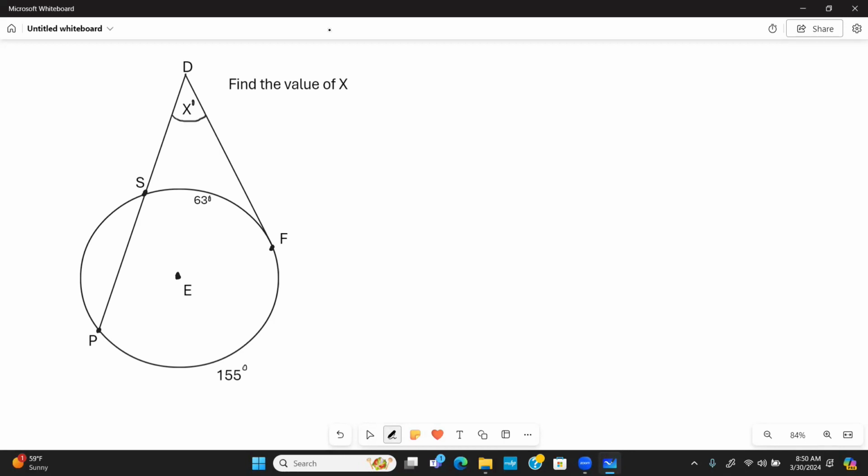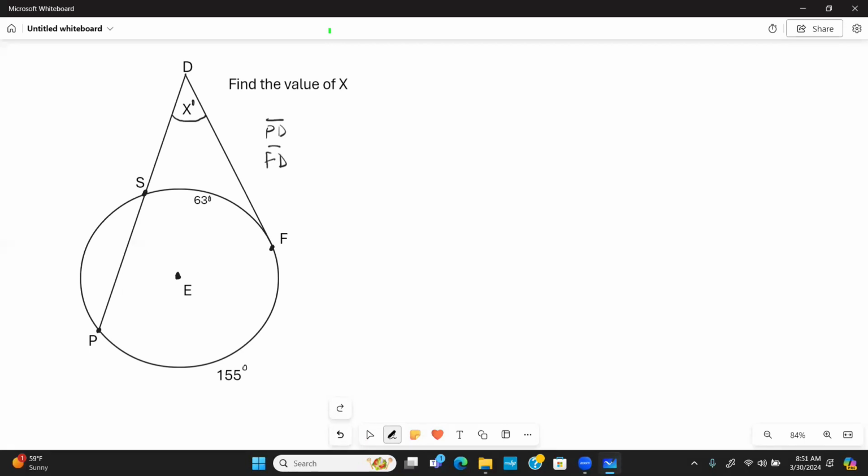The principle remains that if we have a secant line, which is PD, that's the secant line, and the tangent line, which is FD, intersecting outside the circle, forming an external angle at D, then that angle is going to be half the difference of the bigger intercepted arc and the smaller intercepted arc.